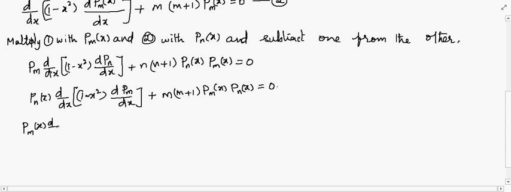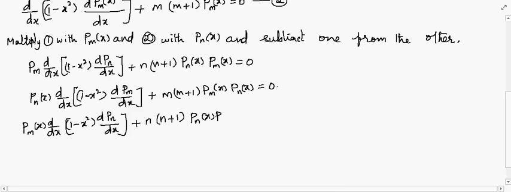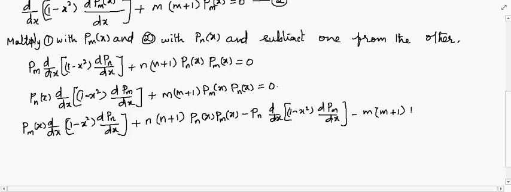Now subtracting the second equation from the first, we will get Pm(x) d/dx of (1 - x²) dPn/dx plus n(n+1) Pn(x) Pm(x) minus Pn d/dx of (1 - x²) dPm/dx minus m(m+1) Pm(x) Pn(x) equal to 0.